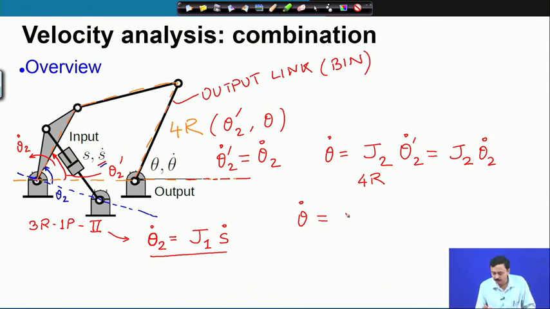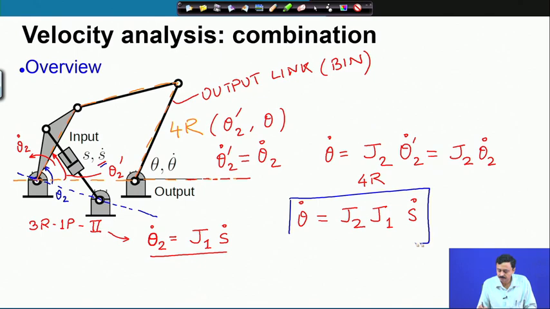So, theta dot therefore becomes J 2 J 1 into S dot. So, we have related the angular speed of the bin with the expansion rate of the prismatic actuator.